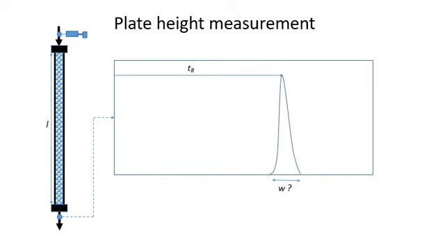In columns where dispersion is significant, the tracer peaks look like the one shown on this slide. With such peaks, objective measurement of peak width at the baseline is quite difficult. Therefore, we measure the width at half height and use the equations shown on this slide to calculate the plate height.